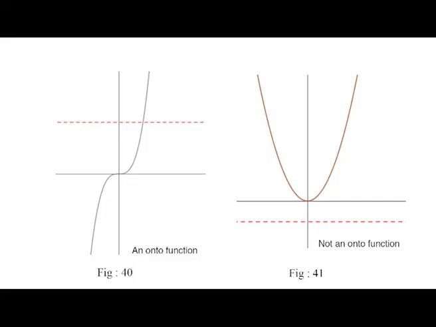The function f from R to R is onto means that for every b belonging to R, there is at least one point a belonging to R such that the ordered pair (a, b) belongs to the graph of f. Hence, each horizontal line in R² must intersect the graph of an onto function f at least once.